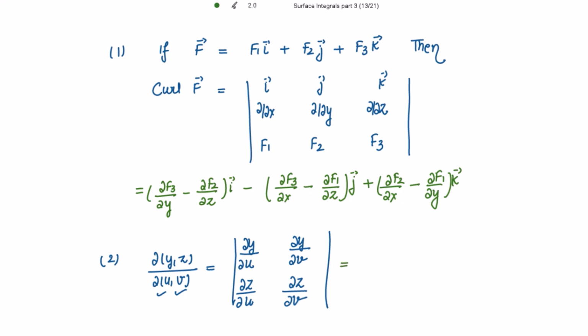So opening this determinant, we get partial derivative of y with respect to u, its product with partial derivative of z with respect to v, minus partial derivative of y with respect to v, its product with partial derivative of z with respect to u.